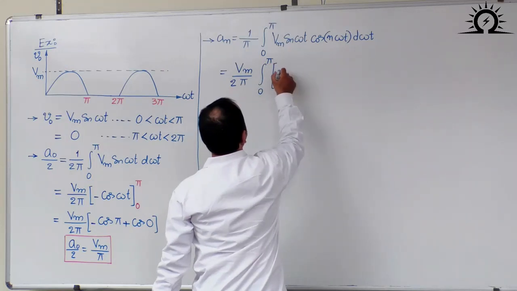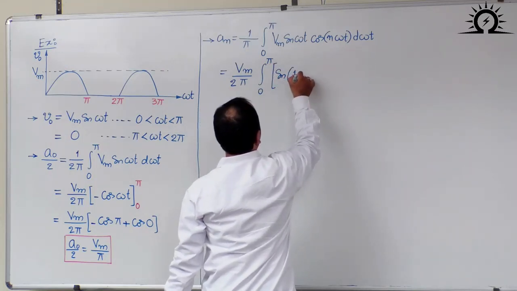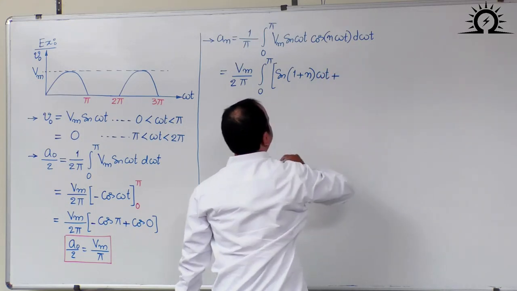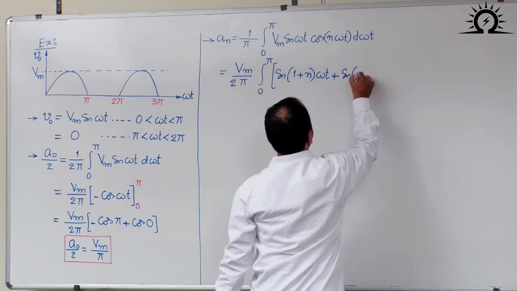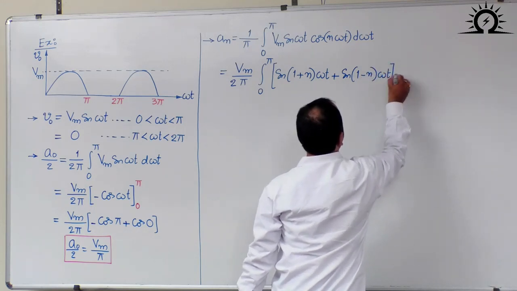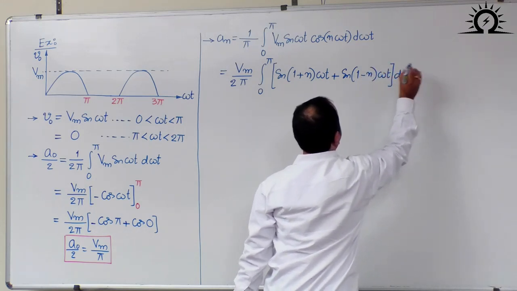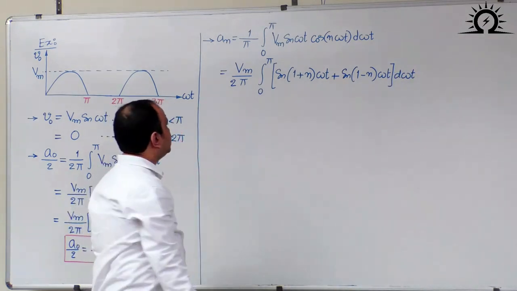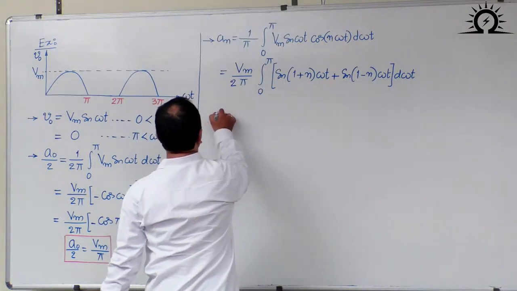Therefore, we will get it like this: sin of 1 plus n into omega t plus sine of 1 minus n omega t. That is integration with respect to omega t. Further simplification.